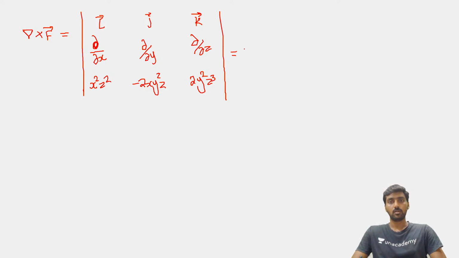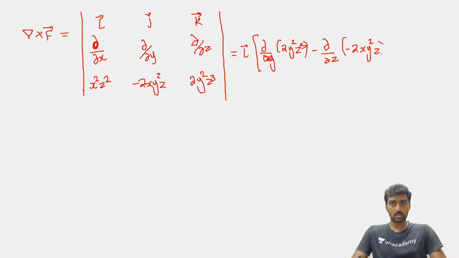Now, i vector into dou by dou y of 2y square z cube minus dou by dou z of minus 2x y square z.